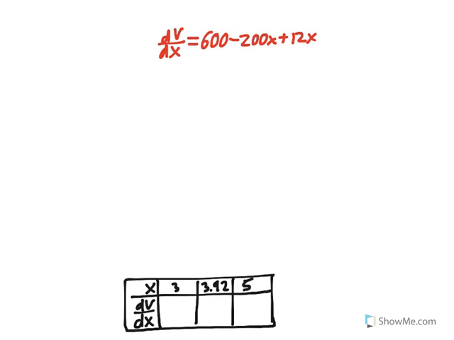Sorry, I forgot the squared part on the formula up there. We know that when x equals 3.92, dV/dx is 0. Let's figure out what happens when x equals 3.